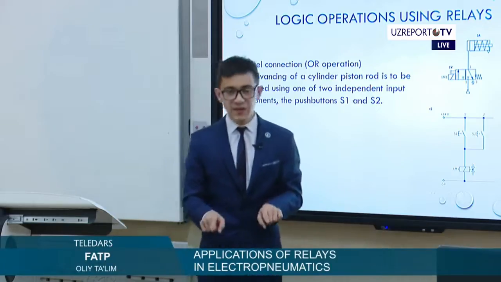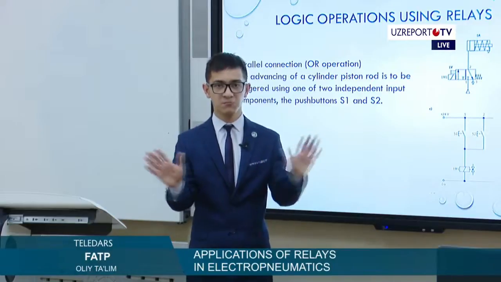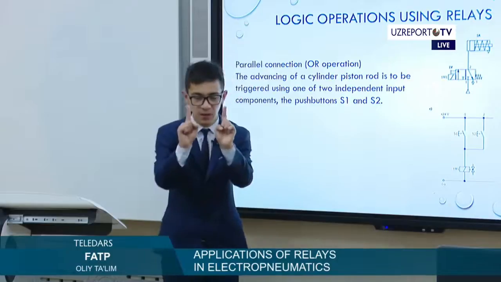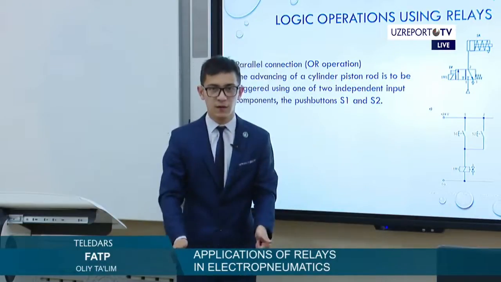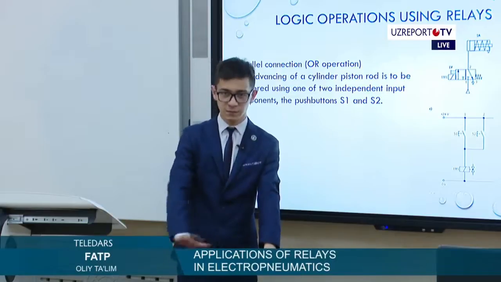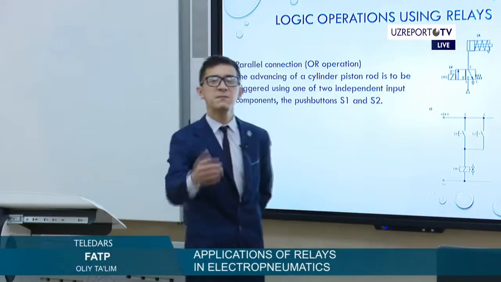Without the connection of two push buttons, the technology process doesn't start to work. Here the two push buttons must work in one line. If you push one and the other one is stopped, the technology process doesn't start. Why do we use it? In a safety process.